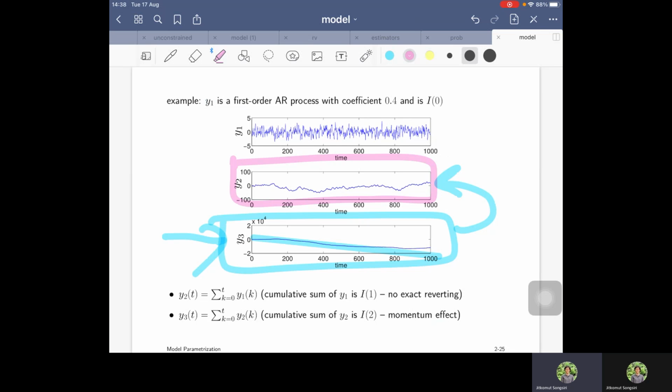Maybe I try to make another difference. So that's why you go to the first one. And when the first one looks like a stationary process, then you can suggest that my original process might be a second order integrated process.